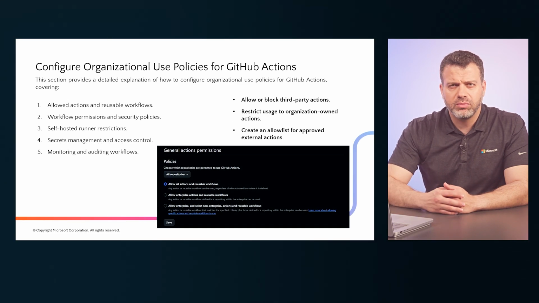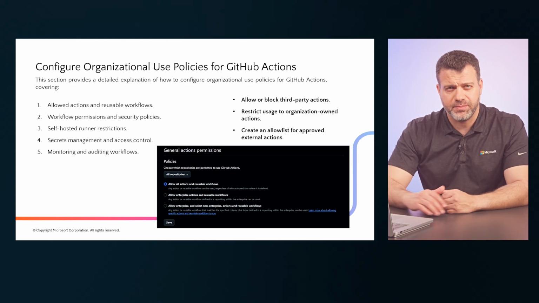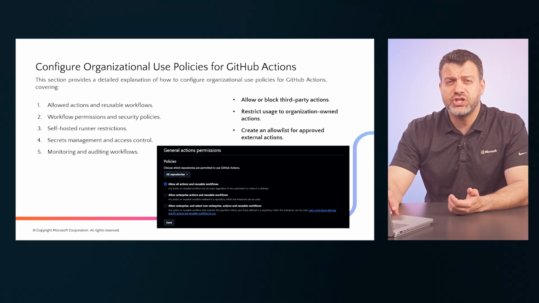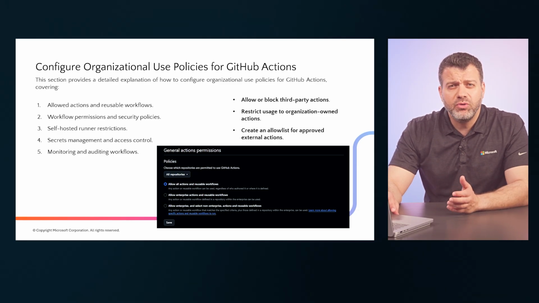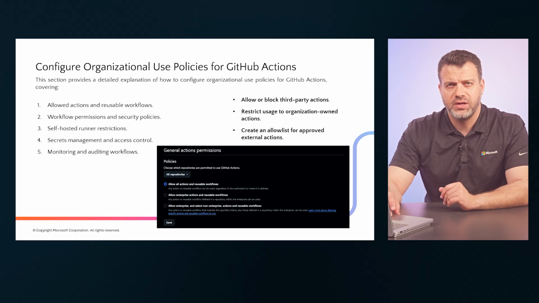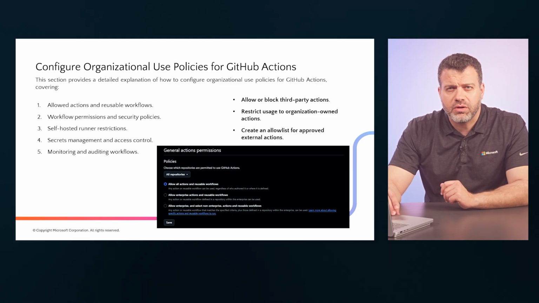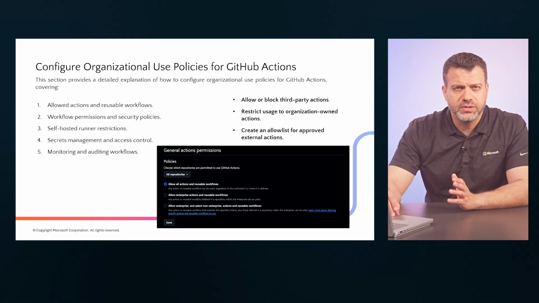So far we've talked about what's possible. Now let's look at how you actually configure this in practice. At the organizational level, the key challenge is how do your developers move fast without exposing your pipeline to unnecessary risk? In GitHub, this comes down to one critical decision. What actions are allowed to run? You have a few options.